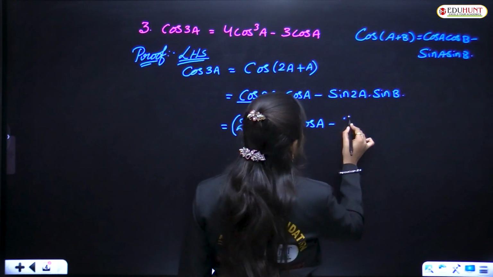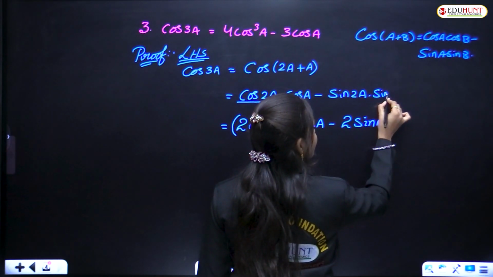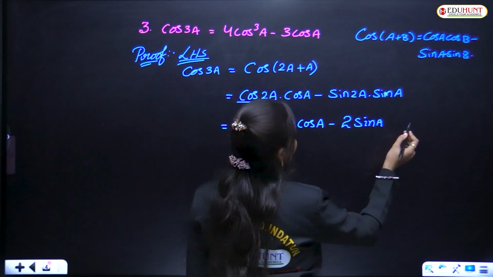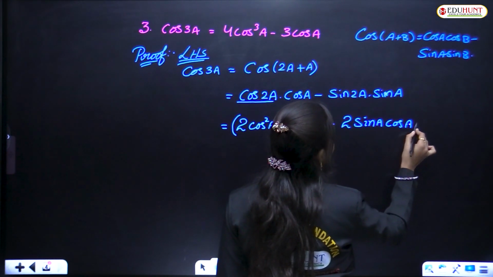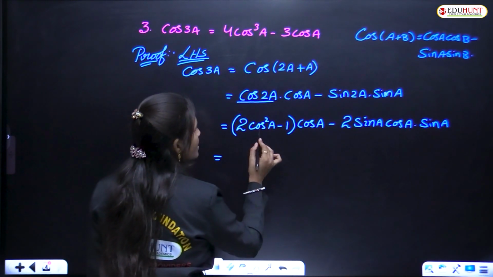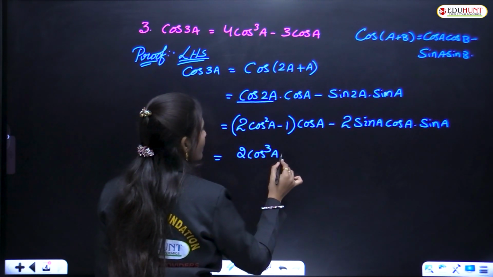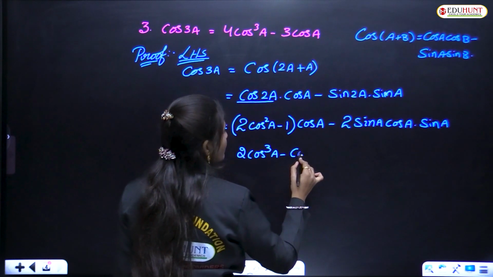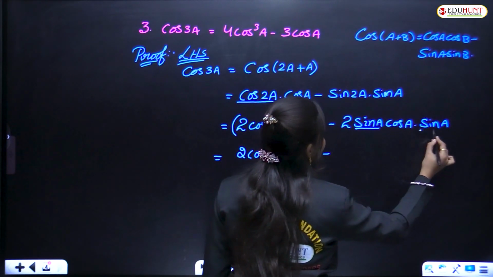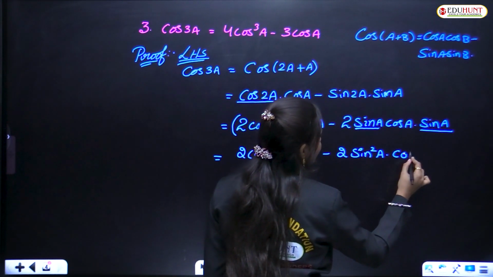So here write 2 sin A cos A. Sorry, in terms of B, we have here A. So 2 sin A cos A into sin A. Now 2 cos square A into cos A is 2 cos cube A minus 1 into cos A, which is cos A, minus 2 sin A into sin A cos A, which equals 2 sin square A cos A.